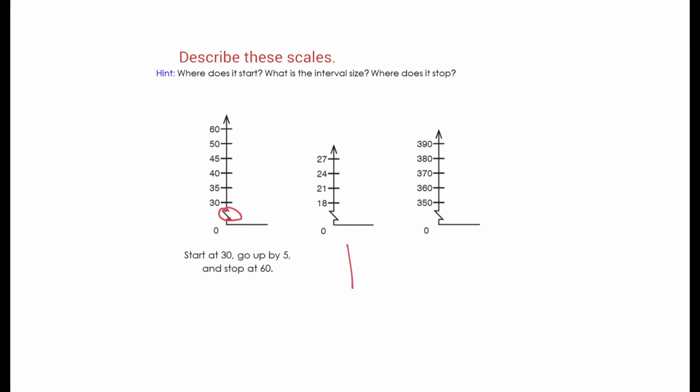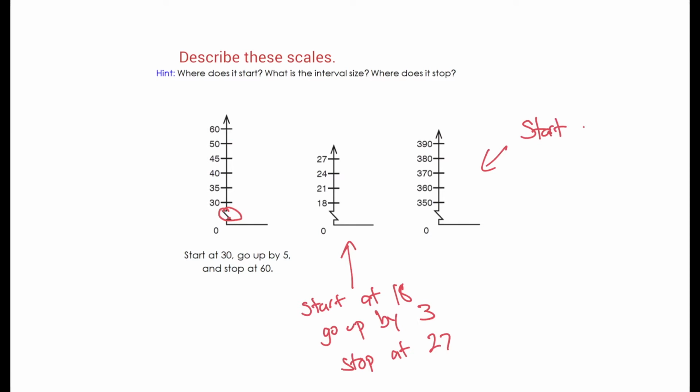So for this one here, it looks like you would start at 18, go up by 3 or skip count by 3, stop at 27. And this last one over here would be start at 350, go up by 10, stop at 390.